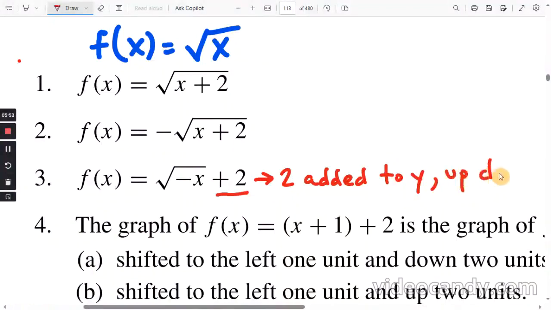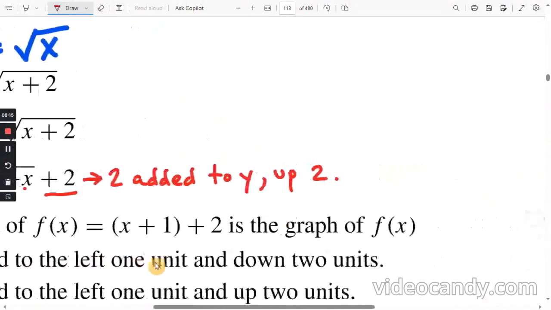So adding to the y makes it go up 2 units. All right. And the other thing here, see, this negative was outside of the square root. It was multiplied by y, but this negative is inside the square root. The negative, or negative 1, is multiplied by x.